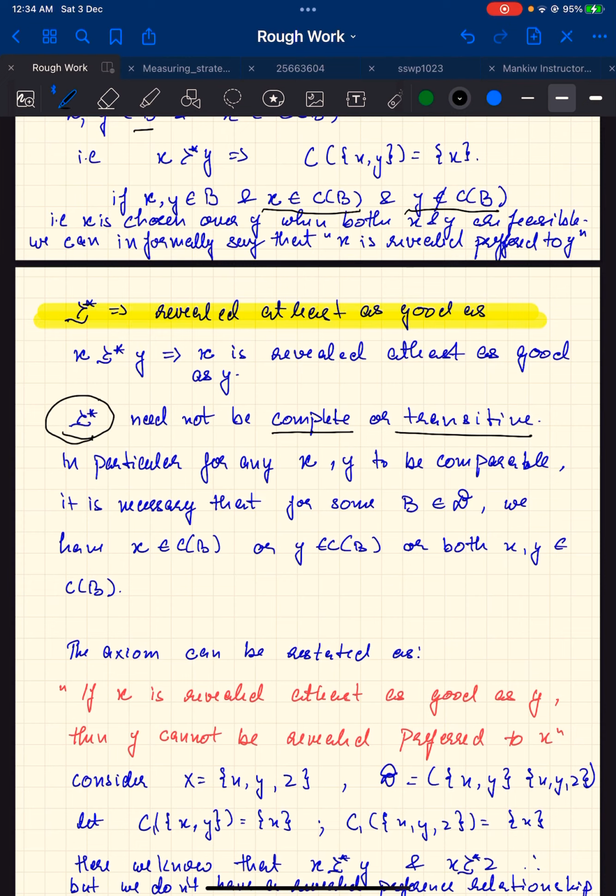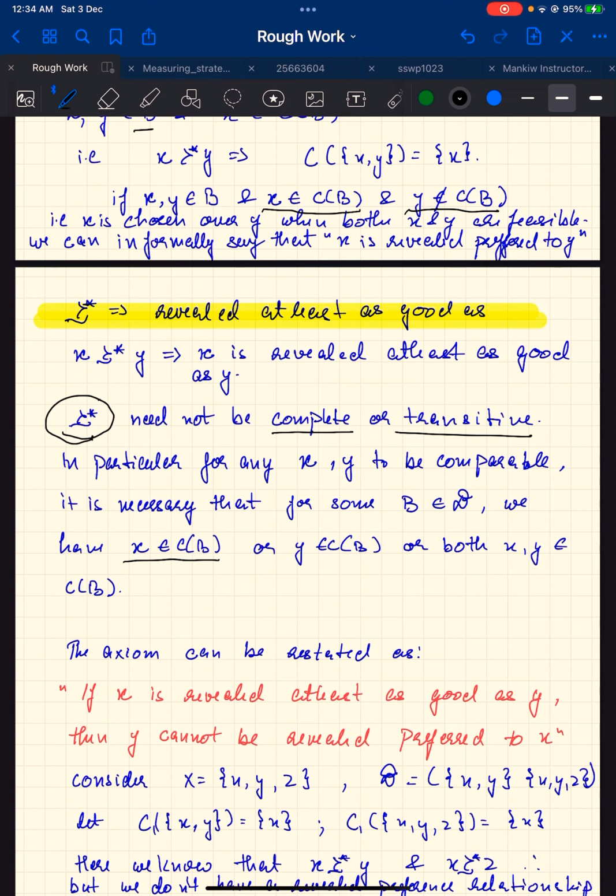In particular, for any X and Y to be comparable, it is necessary that for some budget set B in curly B, we have X in the choice set of B, Y in the choice set of B, or both X and Y in the choice set of B.